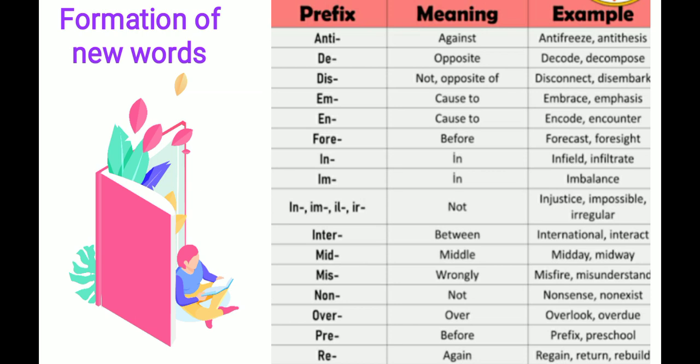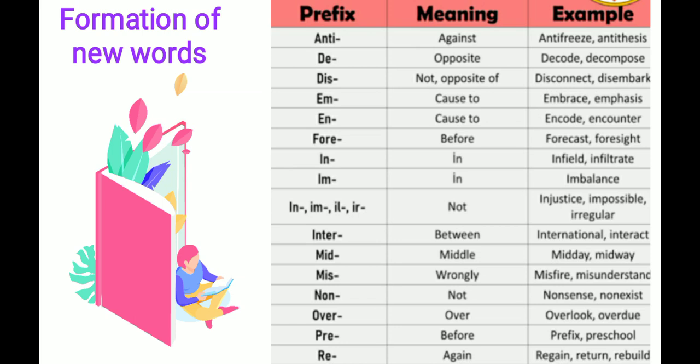Just like this, possible, the root word is possible. I have added im with possible. The new word becomes impossible, which means totally opposite. Possible, impossible. Then regular, I have added ir: irregular. Irregular is the opposite of regular.